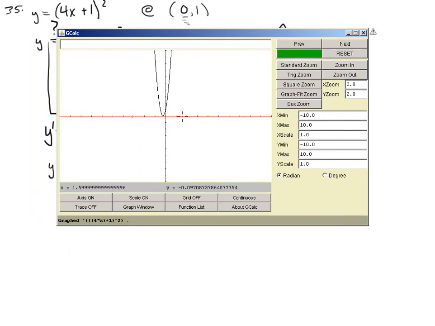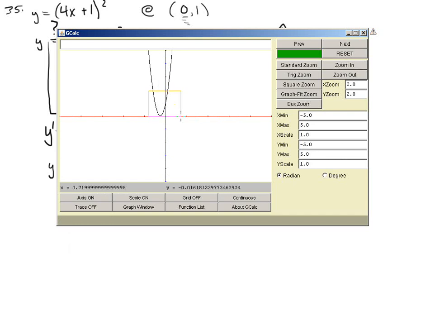Okay, so this is the function y equals quantity 4x plus 1 squared. We have it right here, and we want to know what the derivative is for x equal to 0. So let's zoom in on this, and let's zoom in again.